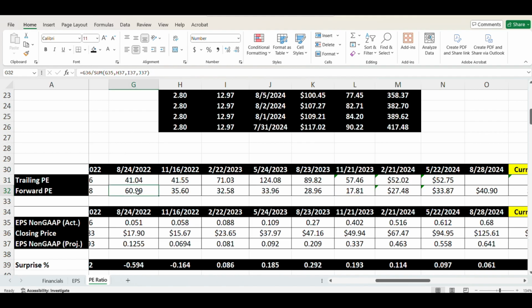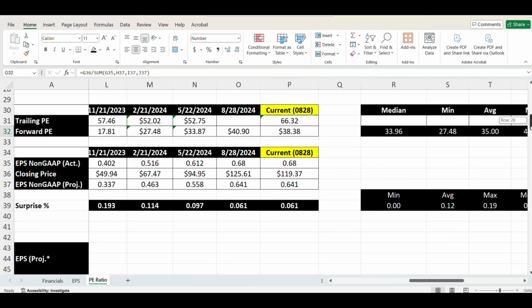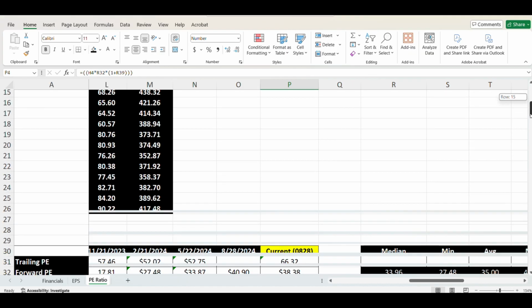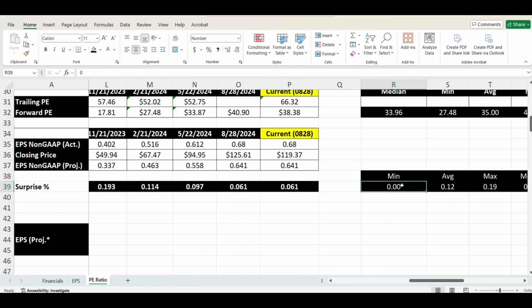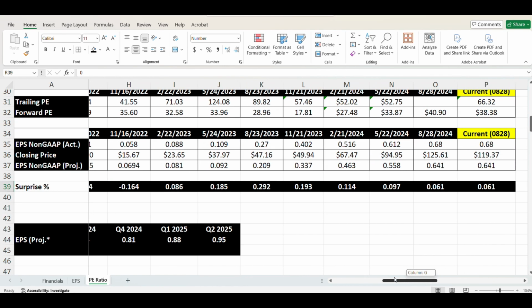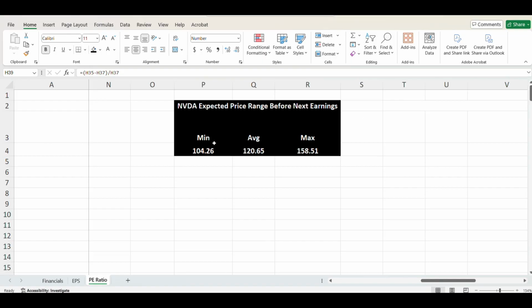For example, this one, 60.99. And the third factor I have is R39, and that is the minimum value of the earnings surprise. In this case, I'm using 0%, because I do not want to use any negative earnings surprise because that will mess up my calculation. So that gives me the minimum price projection for Nvidia, and that is 104.26.